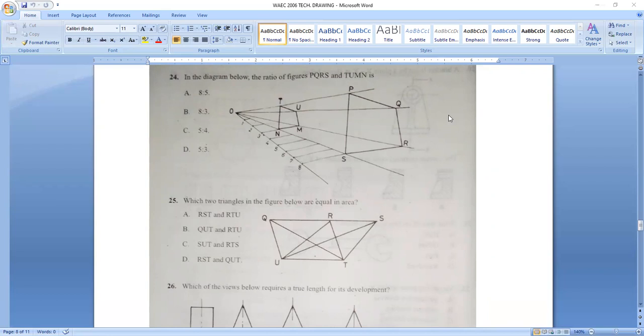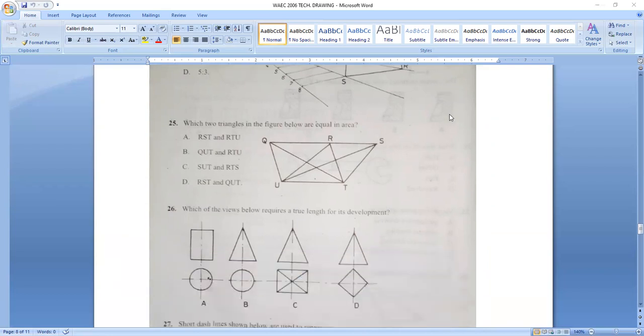That is 8:3. Then question 25 says: which two triangles in the figure below are equal in area? The answer is option B, QUT and RTU.